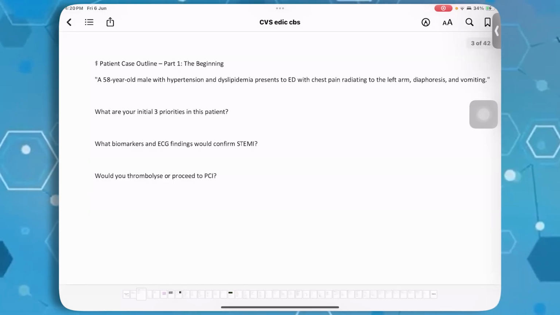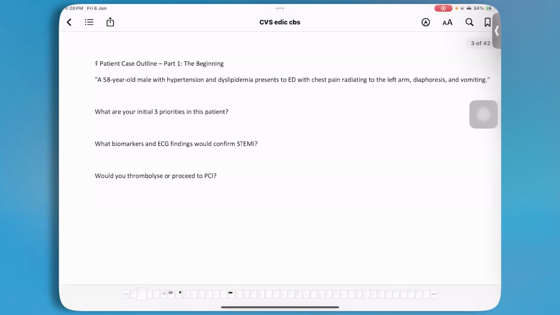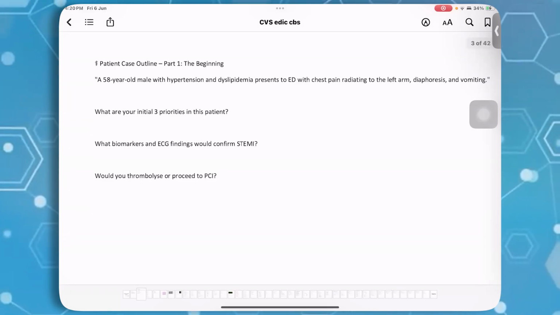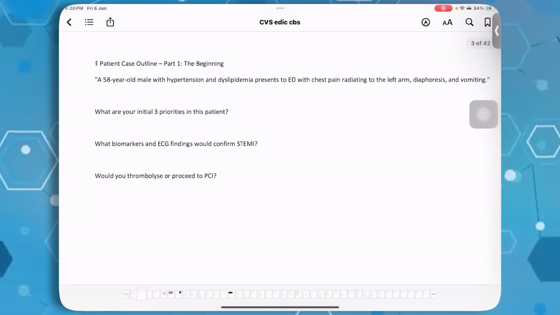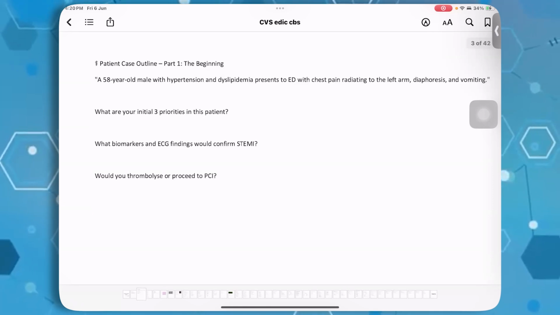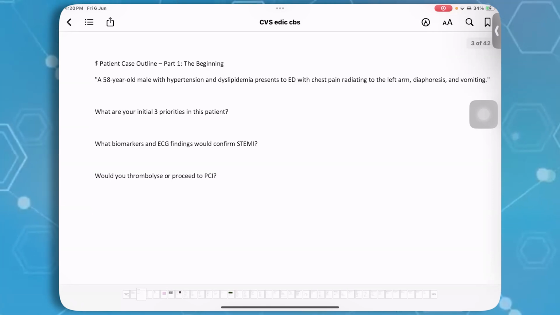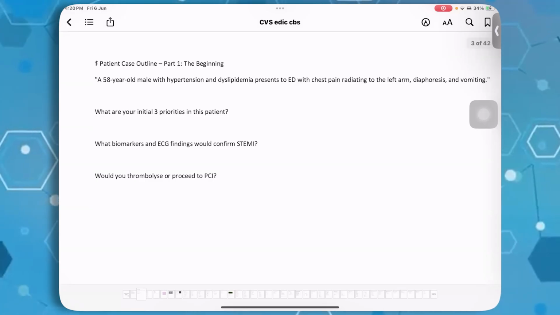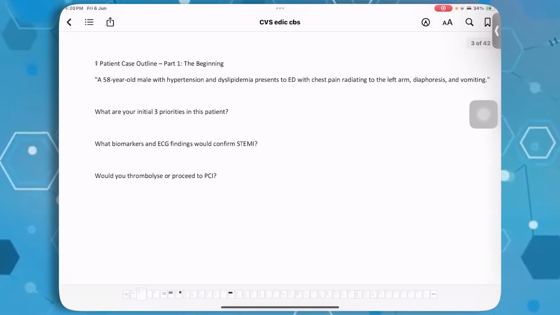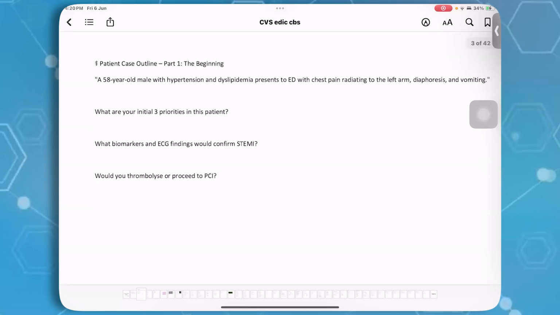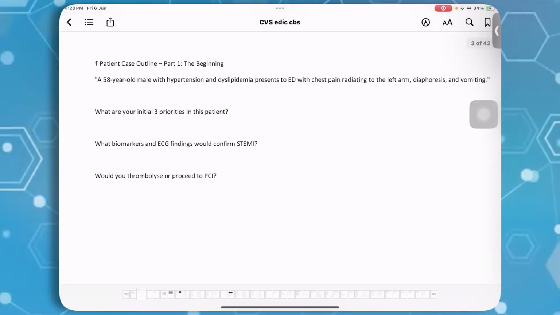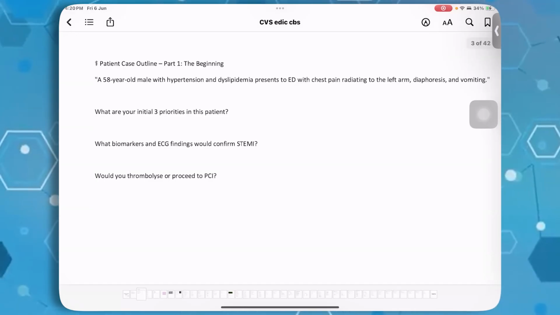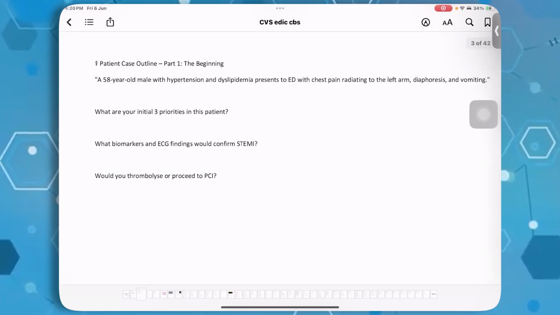Number two, if you suspect an MI, what biomarkers will you order, and what ECG findings do you expect to confirm a STEMI? The third thing I would like to know is, if this patient has a STEMI, would you thrombolyse or proceed to PCI?